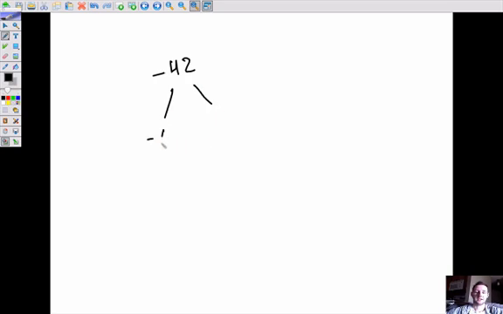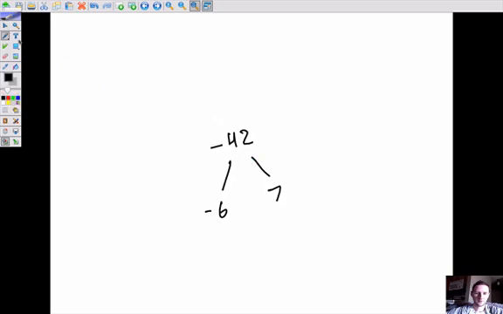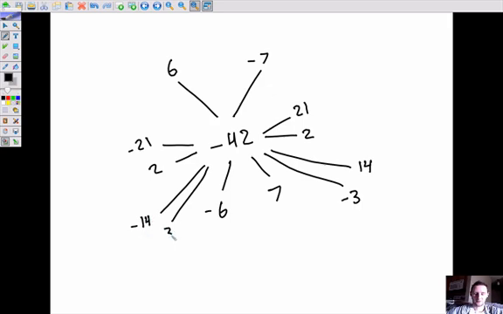Now this can be negative 6 times 7, or negative 7 times 6, or it could be 21 times 2, or negative 21 times 2, or what else could it be? It could be 3, or negative 3 and 14, or the other way around, negative 14 and 3.